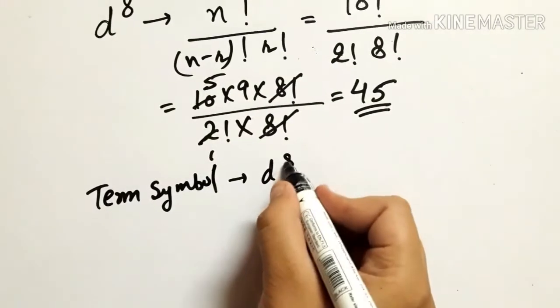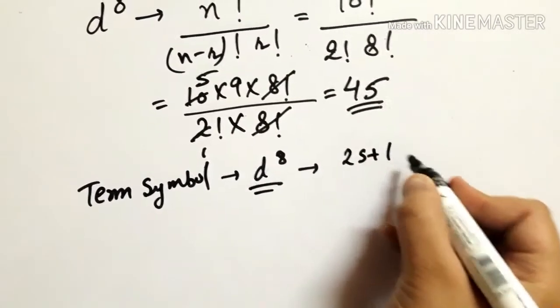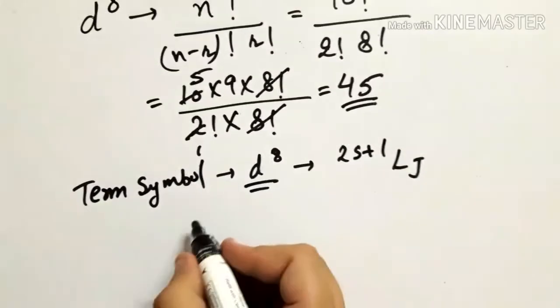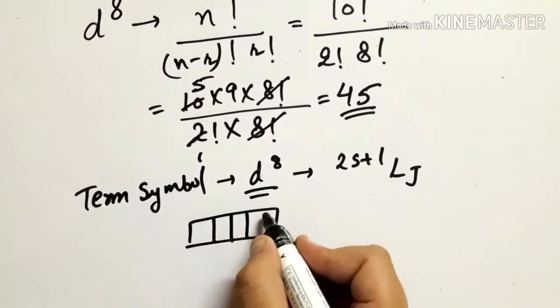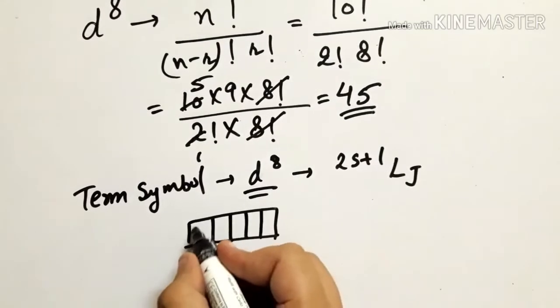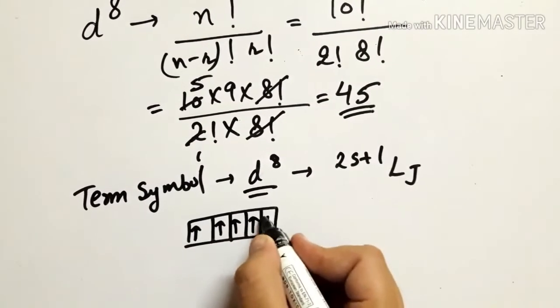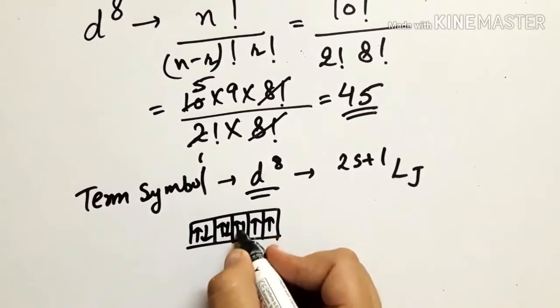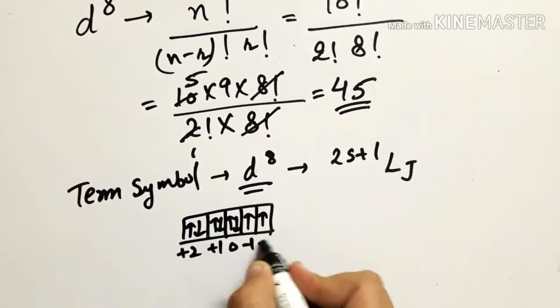for D8 can be calculated as 2S plus 1, L and J. Firstly we will write it as 1, 2, 3, 4, 5, 6, 7 and 8, that is plus 2, plus 1, 0, minus 1 and minus 2.